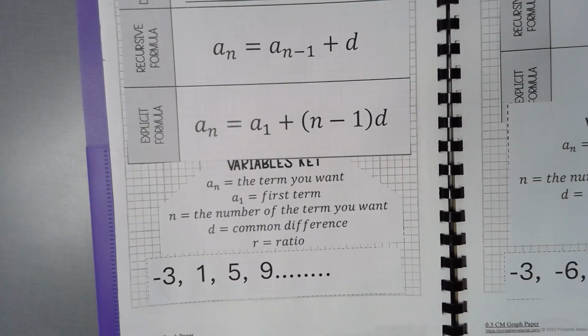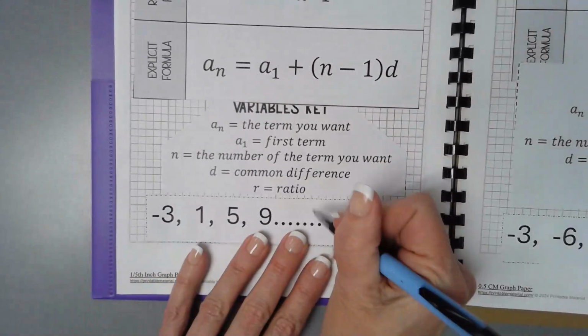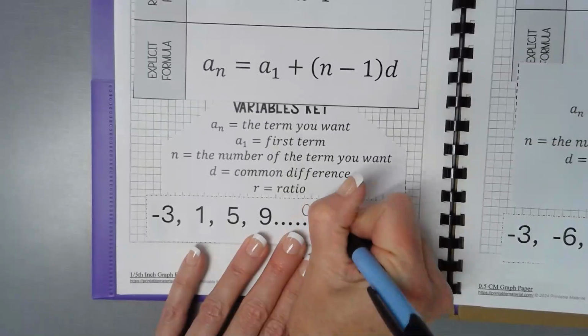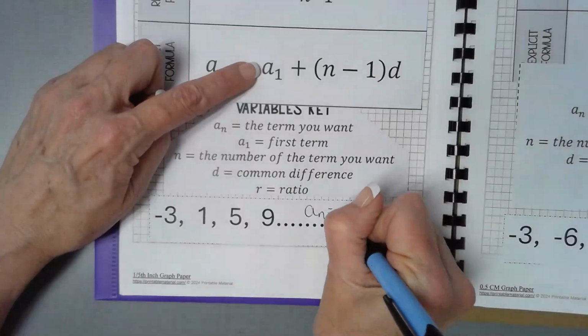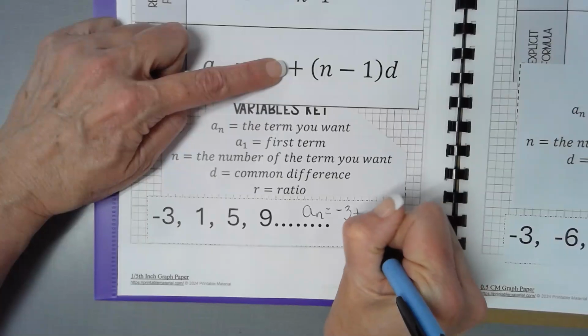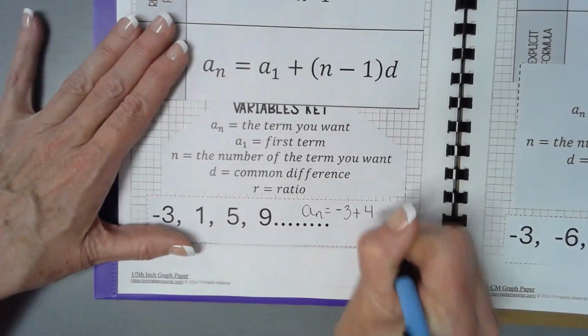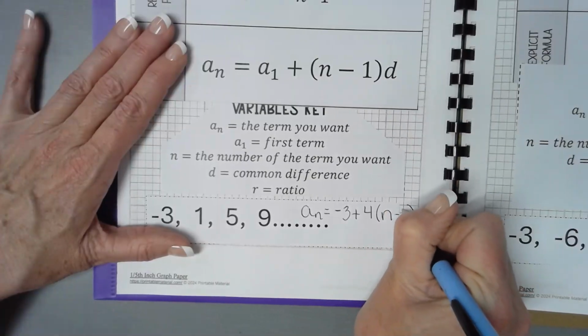So let's write this equation. So this is what the equation would look like for this. A sub n equals the first term, -3, plus, and I like to put my D in front, 4 parentheses n minus 1.